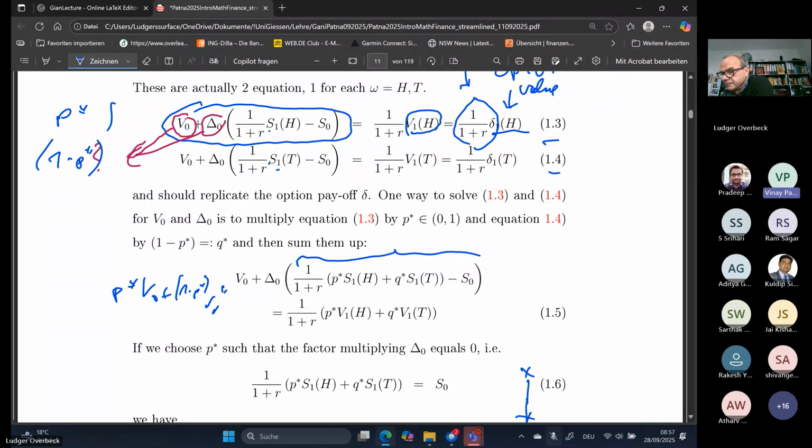Sir, if there is no P star, like if you choose P star such that the factor multiplying delta now naught equals 0. Now we get a condition on P star, or put it like this, on the other parameters, which we have already done.